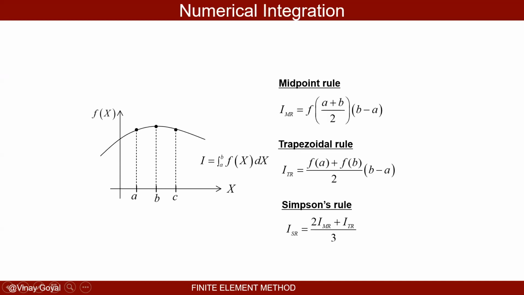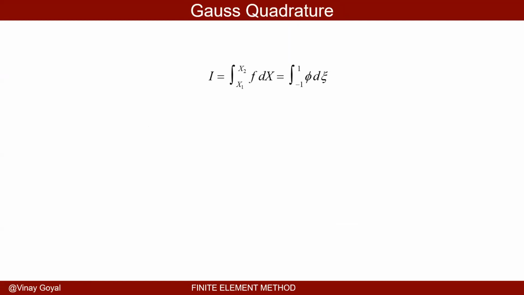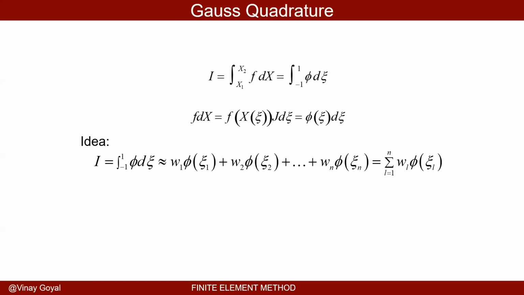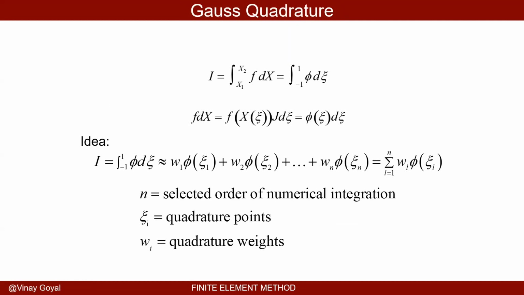And I'm not going to spend too much time on this one because we're going to work on one that I love, that's used a lot by Abaqus and a lot of finite element software. It's called the Gauss quadrature. So you have the integral that goes from x1 to x2 of f dx. My goal is to convert this integral using a change of variables, so it goes from -1 to 1 of phi d xi.